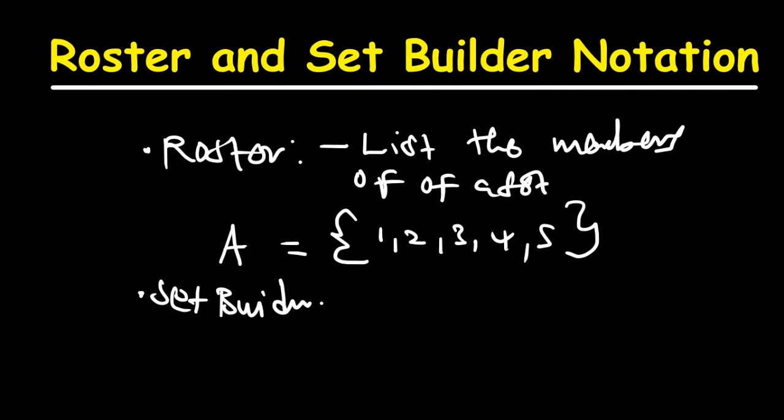To understand set builder notation, you can say it's simply a method that lists the rules that determine whether an element is part of the set, rather than the actual elements. In set builder notation, we describe a rule that will determine the elements that will be in that set.